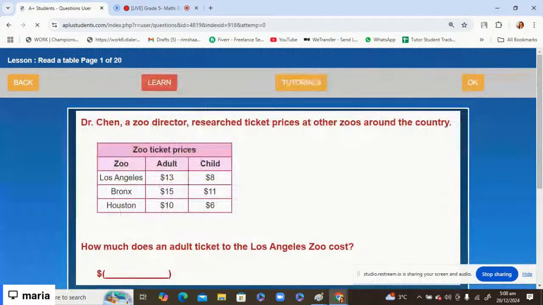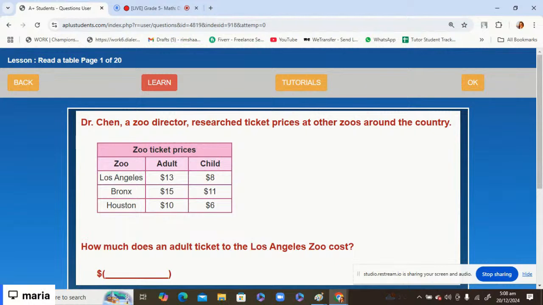So here we go to the test questions. Dr. Chain, a zoo director, researched the ticket prices at other zoos around the country: Los Angeles, Bronx, and Houston. Adult is 13, 15, and 10. Child is 8, 11, and 6.